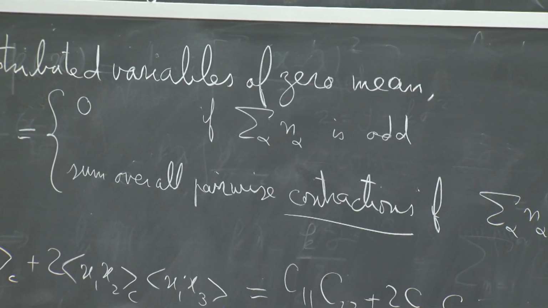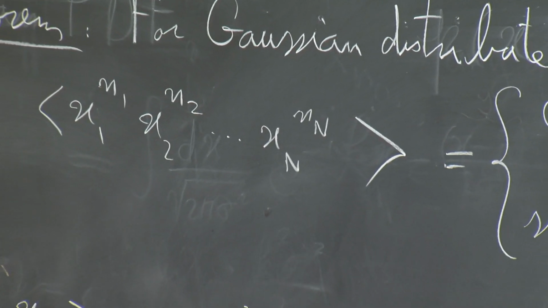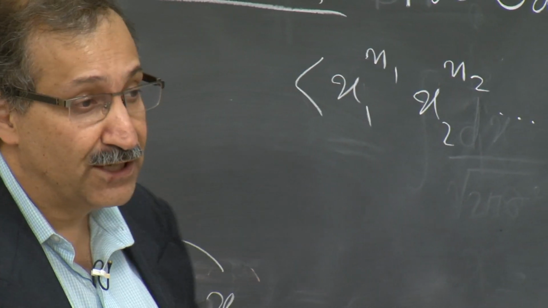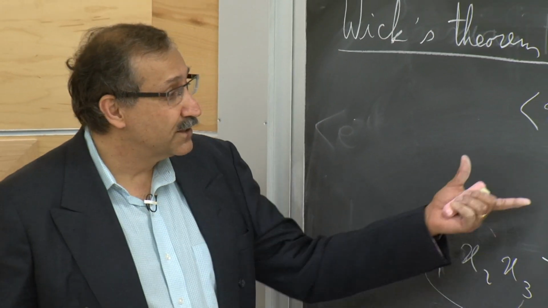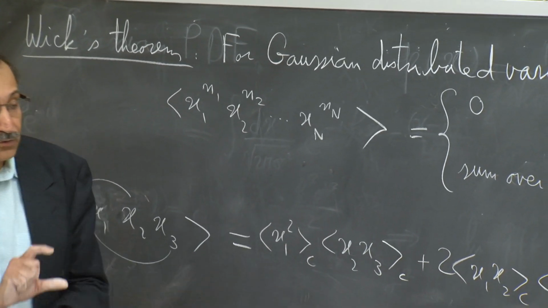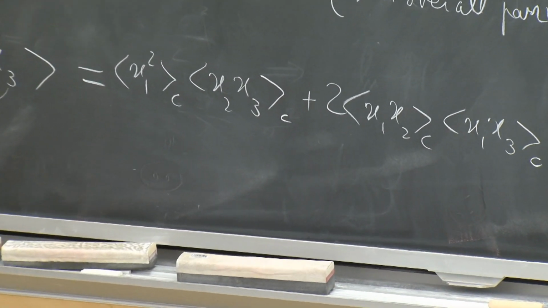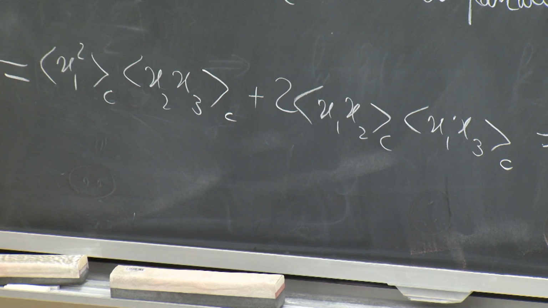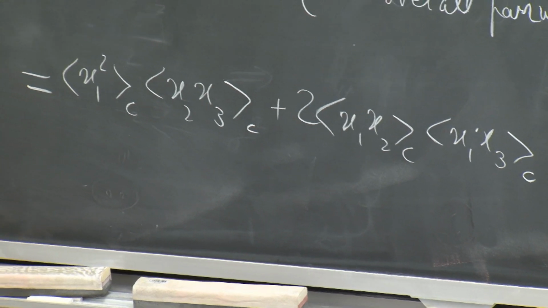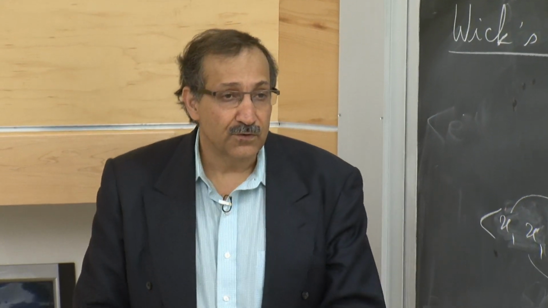Okay. So the point is that the Gaussian distribution is completely characterized in terms of its covariances. Once you know the covariances, essentially you know everything. And in particular, you may be interested in some particular combination of x's, and then you express that in terms of all possible pairwise contractions, which are the covariances. And essentially, in all of field theory, you expand around some kind of a Gaussian background or Gaussian zeroth order result.